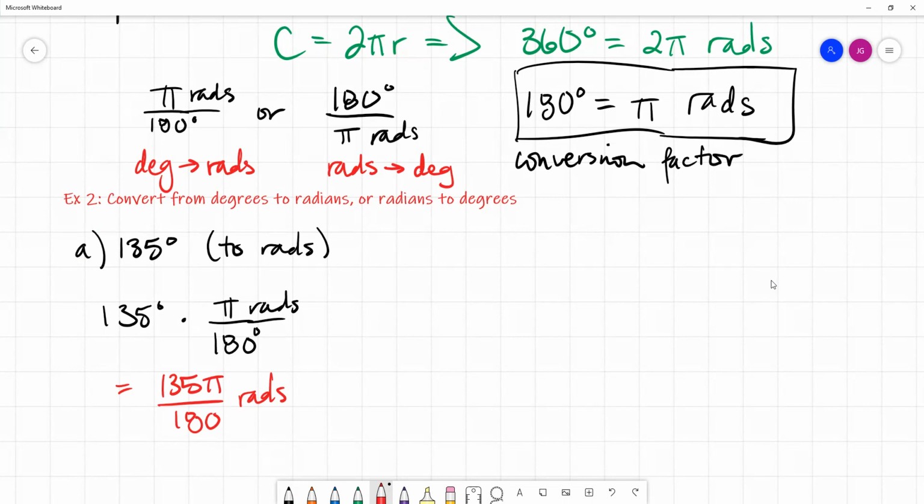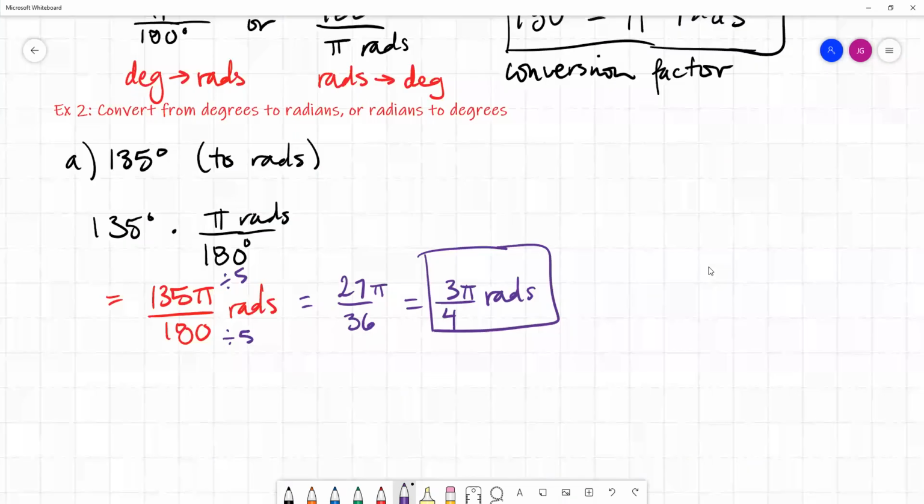So if I divide 5 into both, we're going to end up with 27 pi over 36. But then if you notice, 9 goes into both of those. So I can divide both of those by 9. I get 3 over 4. 3 pi over 4 radians. Rads is my abbreviation. So 3 pi over 4 rads.